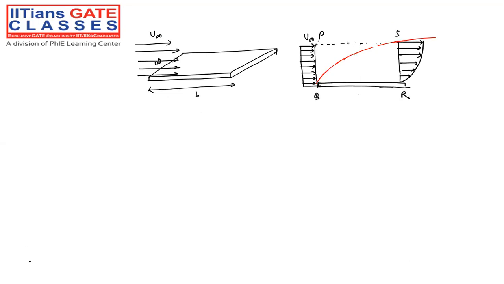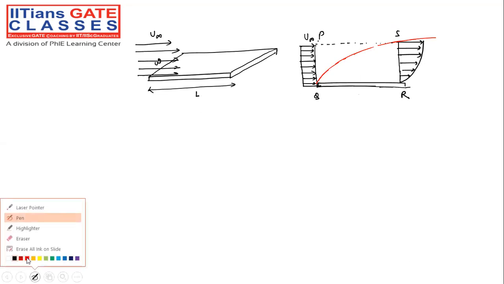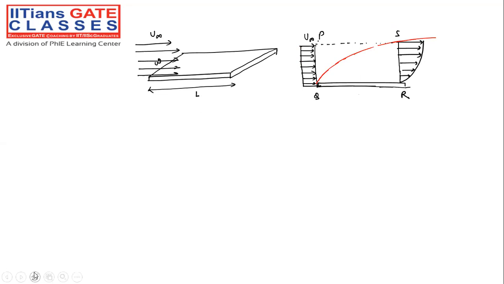From the basics of boundary layer theory in fluid mechanics, you know that the mass flow rate through the section PQ will come out to be rho into U infinity into the height, which is H, into the width W. W is nothing but the width of the plate, perpendicular to the plane of the paper. So that is the mass flow rate through the PQ section.